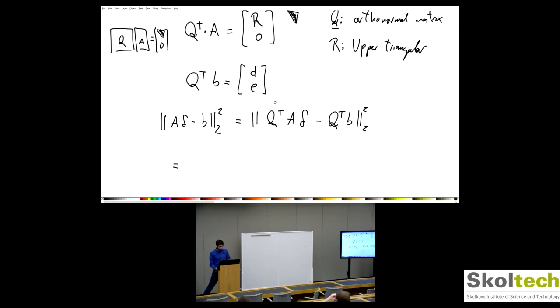And then I have said that actually this product factorizes into an upper triangular matrix and some zeros, right? So this is going to be multiplied by delta. And then this part here equals these two vectors, right? We are just dividing this into D and E. And then we have the norm of the two. Okay, so far I'm just substituting things, knowing that there's a decomposition that, well, if you want, actually, we can also plot this.